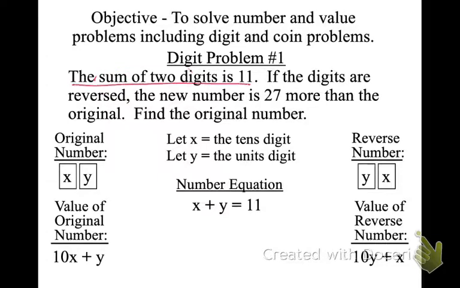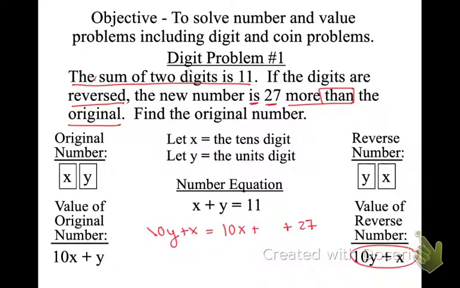Now the second one is the reverse value. It's 10y plus x equals 27 more than, and it says "than", so that means plus 27, the original value. The original value is 10x plus y. And those are your two equations.